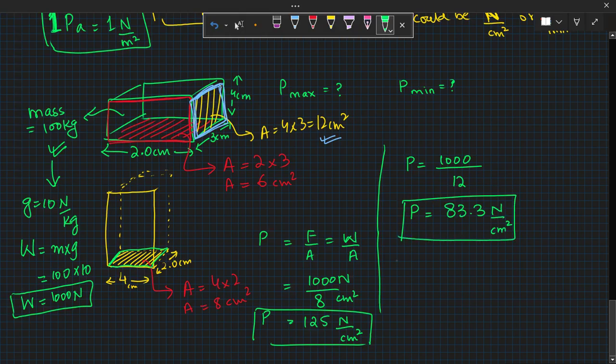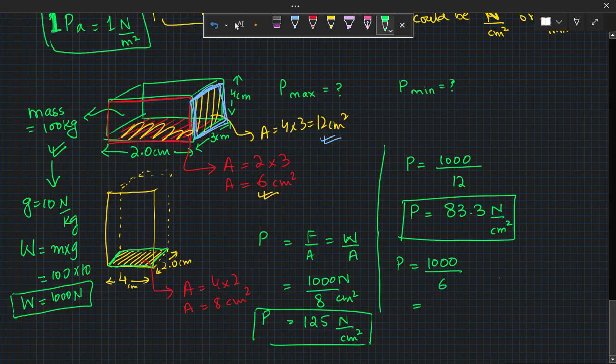Now, here's another side which can be in contact: when we take this side, 2 times 3, we get 6 centimeter square. So what pressure will we face? 1000 divided by 6. What answer are you getting?